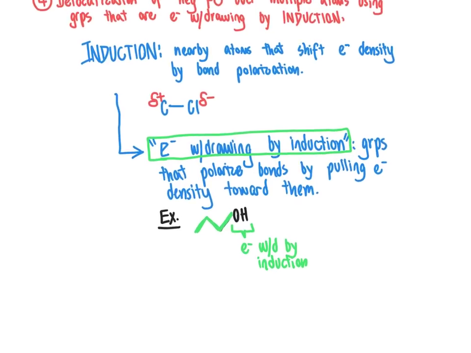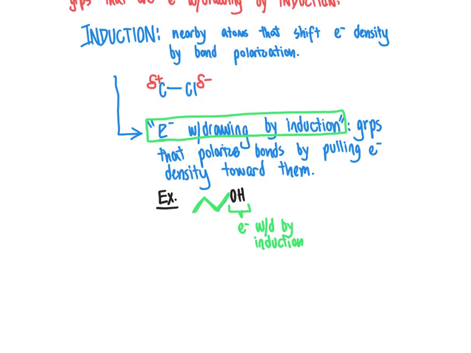On the other hand, groups that are electron donating by induction are going to do the opposite. They are eager to get rid of some electron density, so they push electron density away from themselves and toward the rest of the molecule. It's important that we make the distinction here because not all induction is the same. There are groups that are electron withdrawing by induction and groups that are electron donating by induction.